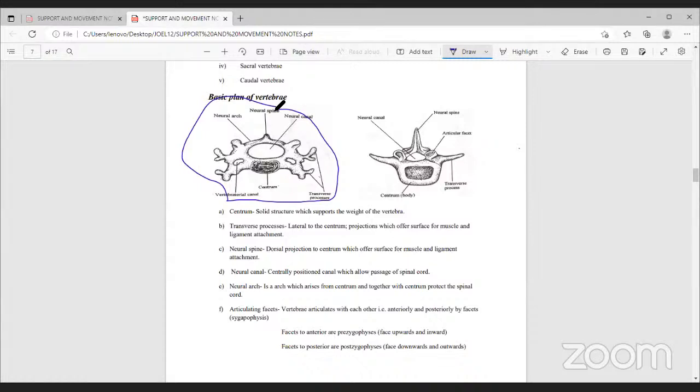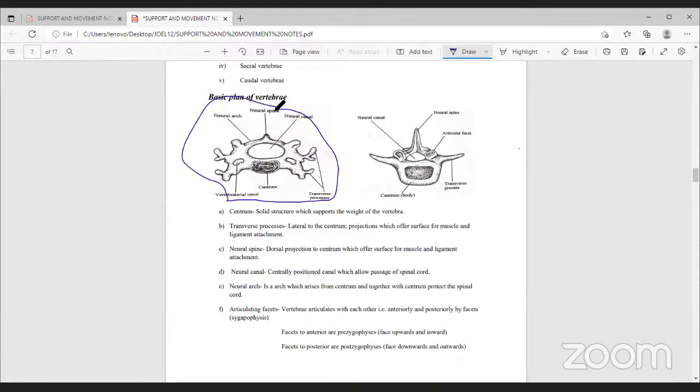You are going to be forced to analyze this diagram and come up with the correct identity of this one here. For example, if I may ask, with the hands, which vertebra is this one here? Which vertebra is here? Am I highlighting here?